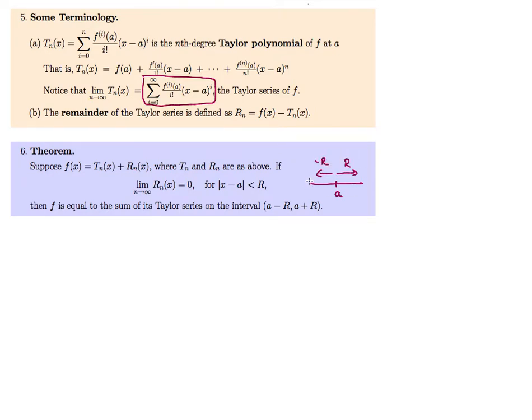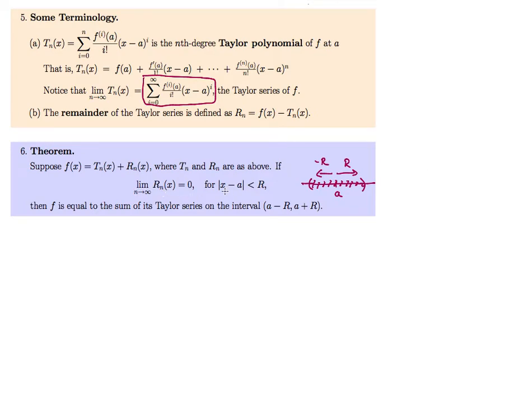So the interval we're interested in is this interval here. So for x in this interval, if the remainder goes to 0 as n gets big, then f is equal to the sum of its Taylor series on that interval. So the question of whether the series represents the function and on what interval is really a question of, does the remainder go to 0 for x values in that interval?